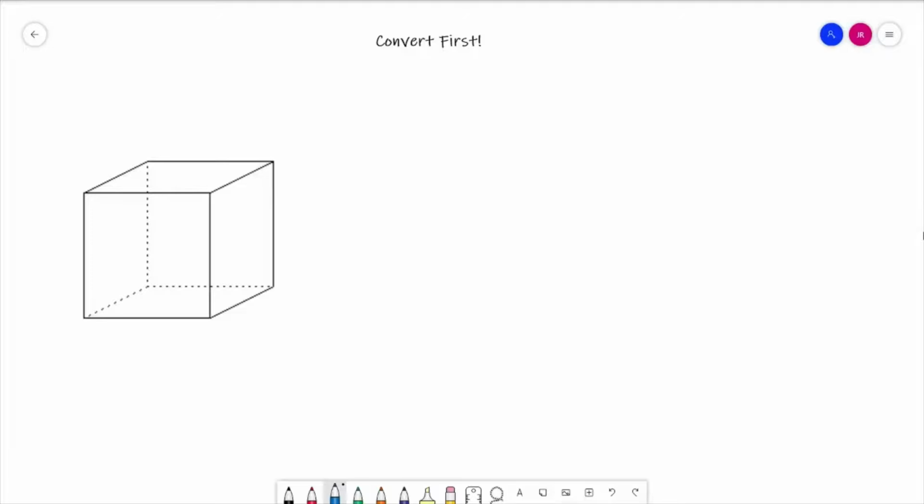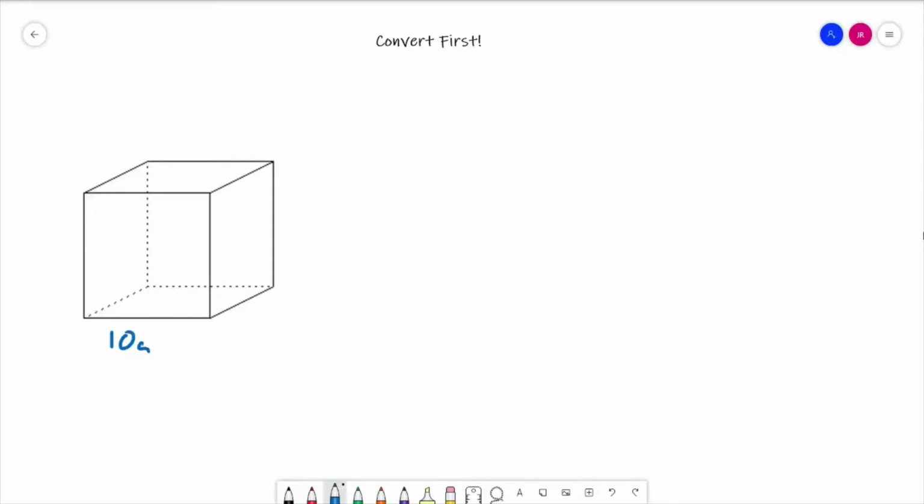Now, while understanding how to do area and volume conversions, when you've already got something in squared or cubed, is all well and good, by far the easiest way of doing it, if you have the opportunity, is to do your conversions first before you do any calculations. So let's imagine that we have a cuboid shape.